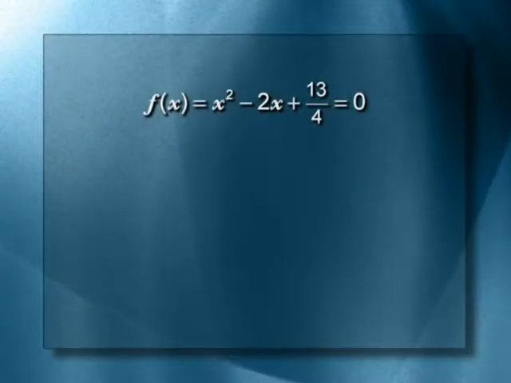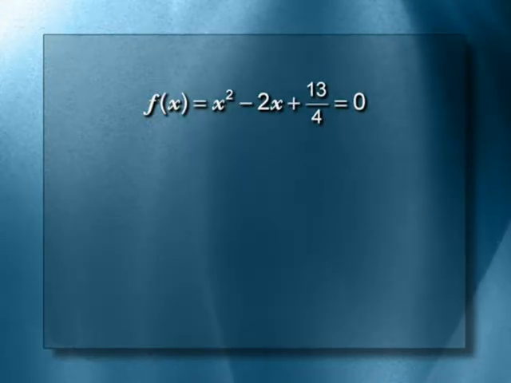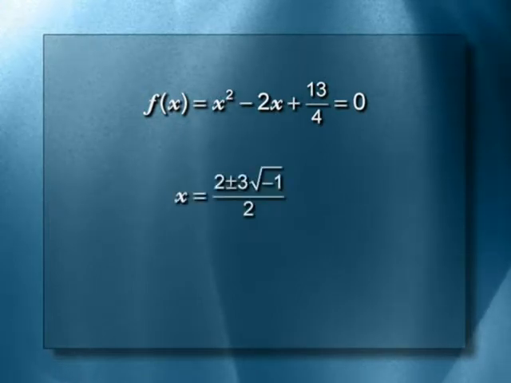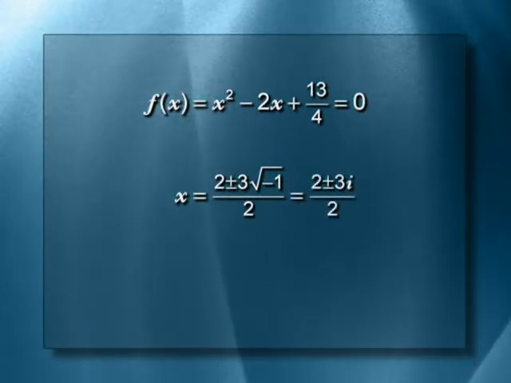Remember, our polynomial was x squared minus 2x plus 13 over 4, and we wanted to find the zeros. And we used the quadratic formula, and we obtained that x was 2 plus or minus 3 square roots of minus 1, all divided by 2, and that's 2 plus or minus 3i divided by 2. And now, using that plus or minus, you get two answers.